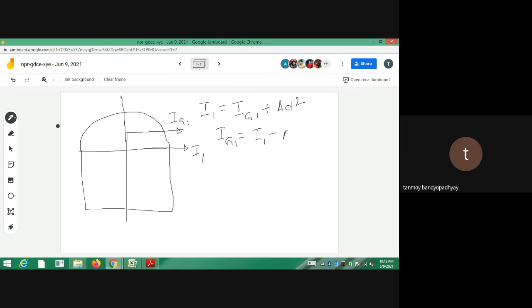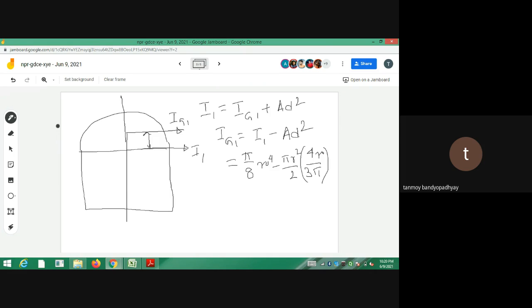In order to calculate IG1, IG1 will be equal to I1 minus A into D square. I1 was pi by 8 r to the power 4, minus the area of the semicircle, pi r square by 2, into D square. D is the distance between the two axes, which is 4r by 3 pi, whole square.